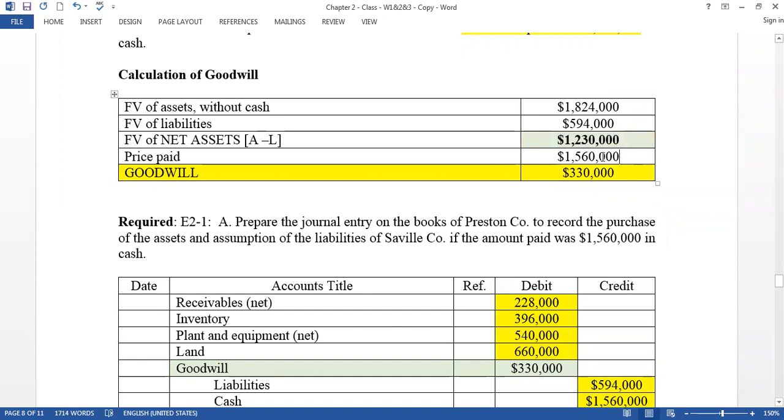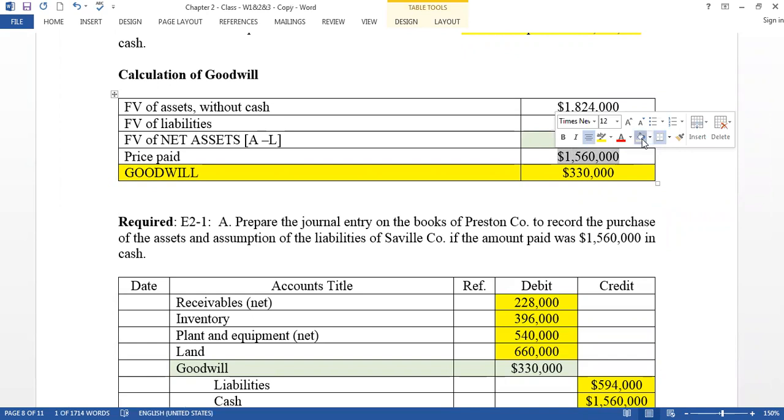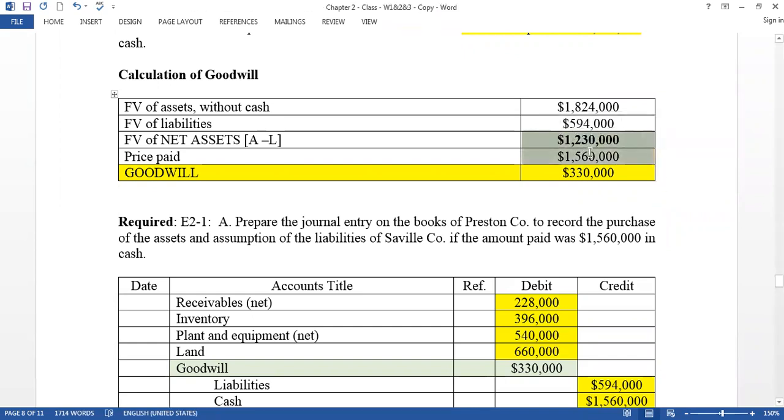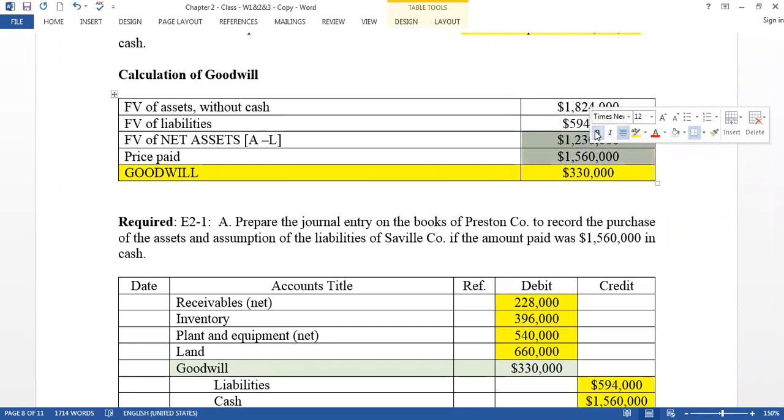But how much cash did we pay? Compare these two items. Here net asset value is lower, but our cash payment is higher. If this is the case, then we are going to record goodwill.